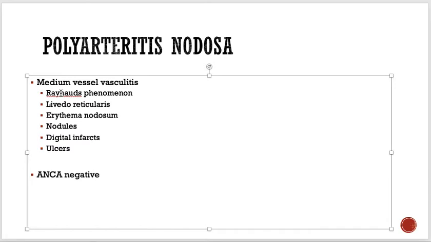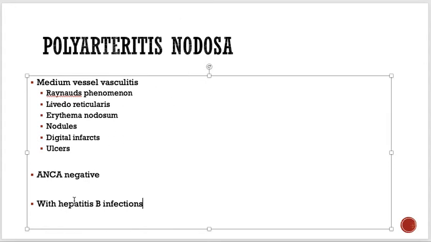ANCA is not present in these patients. And much of the time, not most of the time, this one is associated with hepatitis B infection. So people who have hepatitis B infection may present with polyarteritis nodosa, males being more affected than females.